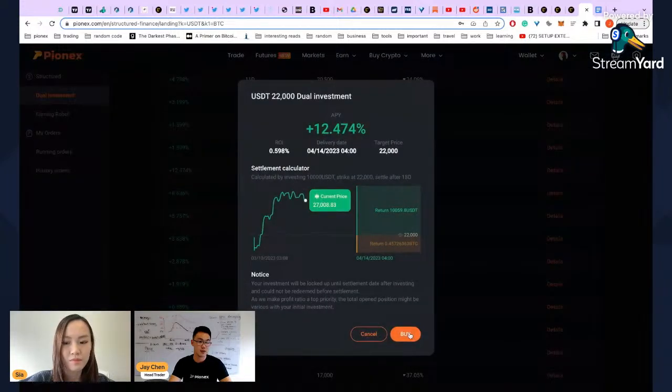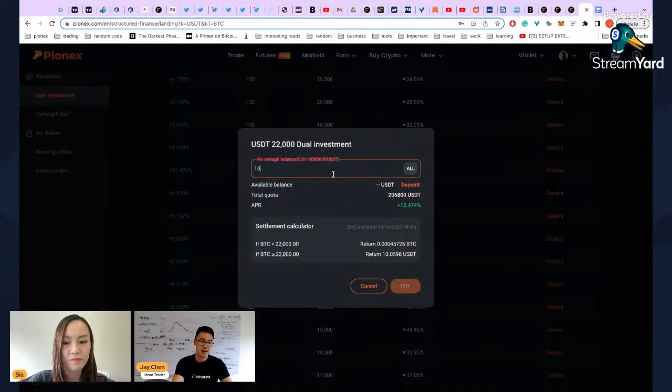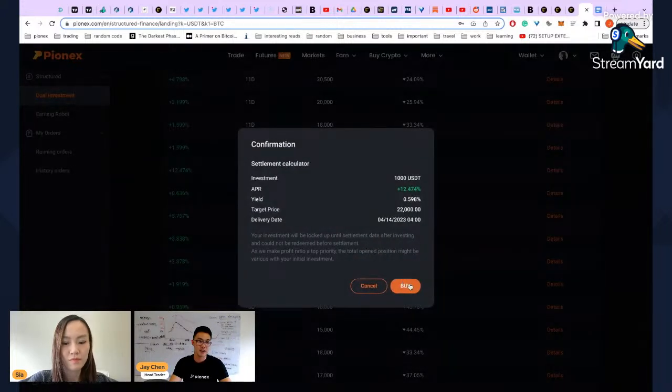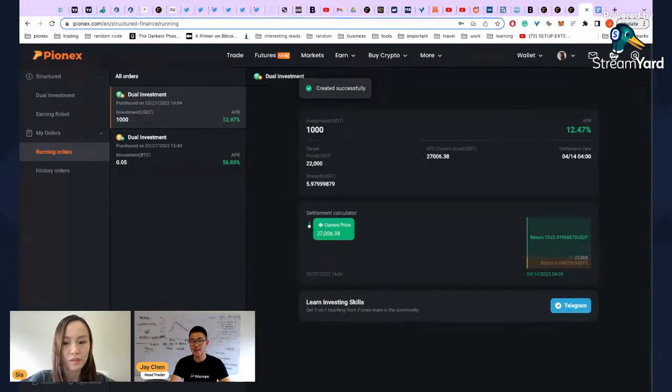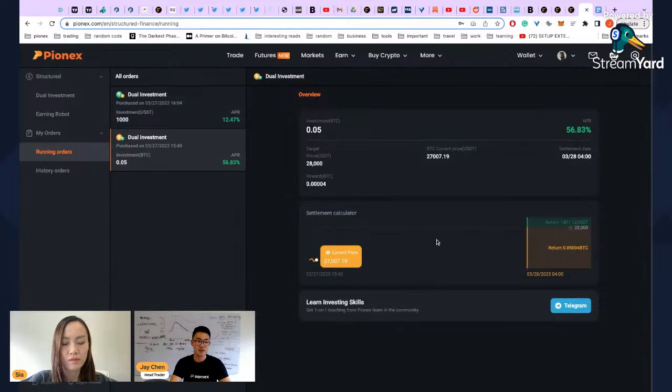I would do that. 12% returns, 22K. It's basically a limit order, and if it doesn't get executed, you get free money. What is not to like about that? I love using the buy the dip structured products. This one, the one I just made, 28K. I don't think we're going to reach it today. Even if we do, it's okay. I made a calculated choice, returning me 56% annually.